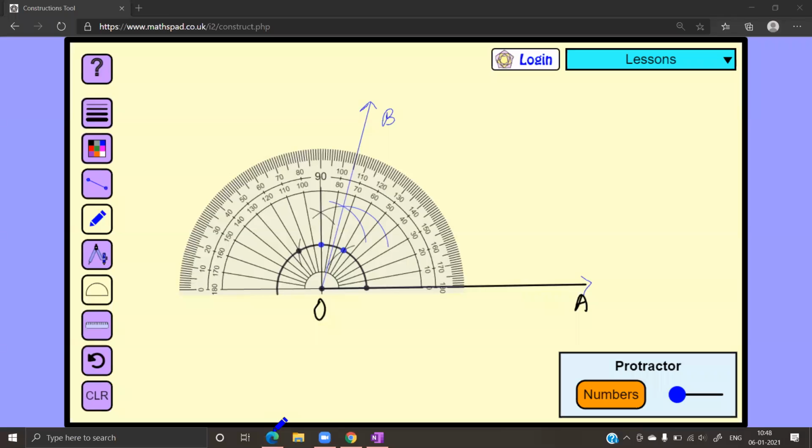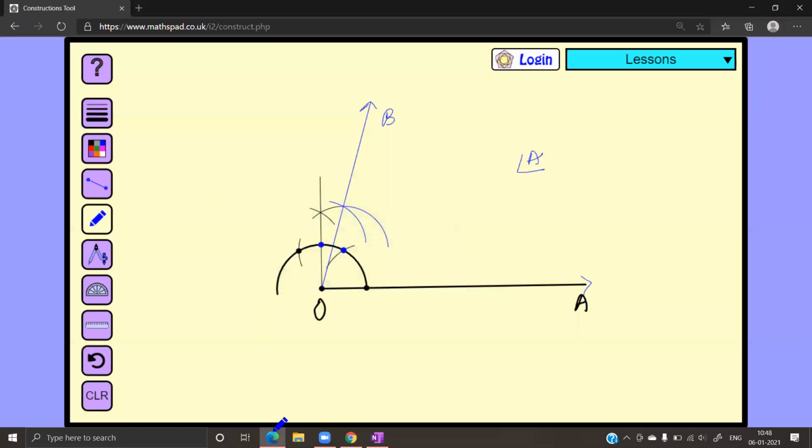Use your protractor and verify. As you can see, the angle that I've obtained right here is exactly 75 degrees. And you can write down angle AOB measures 75 degrees.